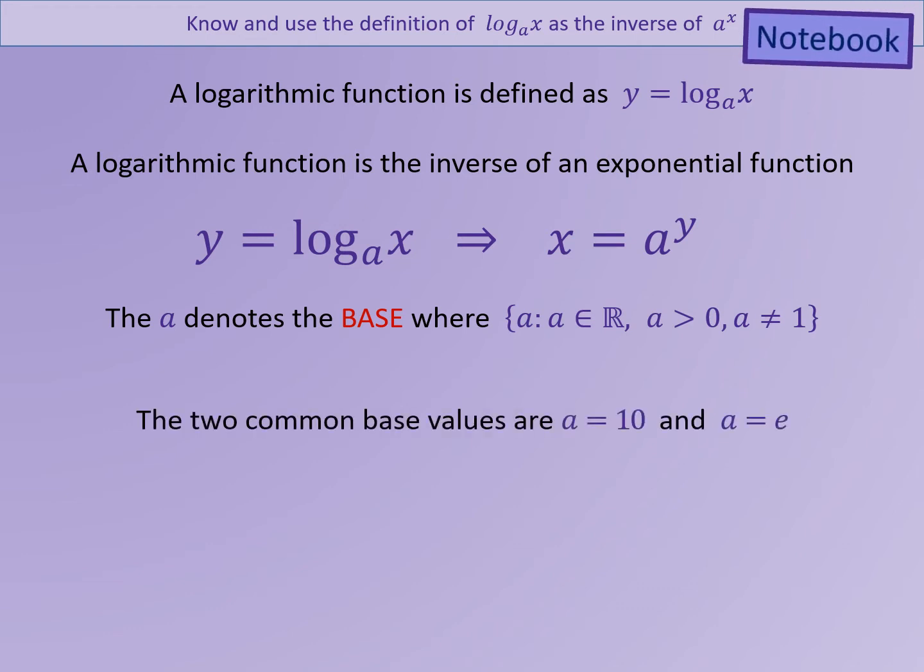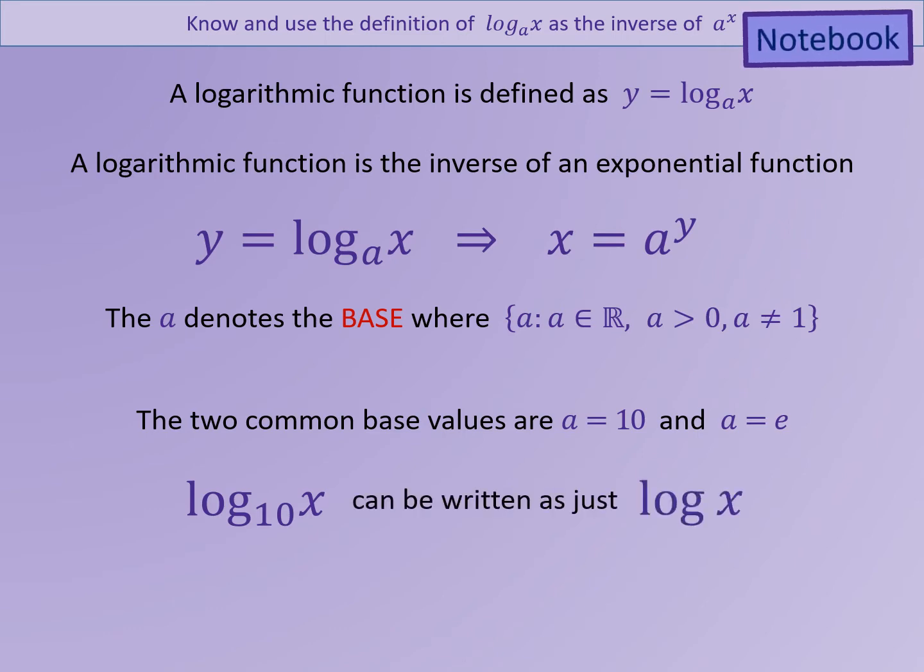And the two most common base values that are used in logarithms are 10 and e. So log to base 10 of x, we usually denote as just log of x. So if we see log x written on its own, we can assume that they mean log to base 10. And log to base e of x, and we studied the e function in the previous presentation and looked at how special that function is in terms of exponentials.